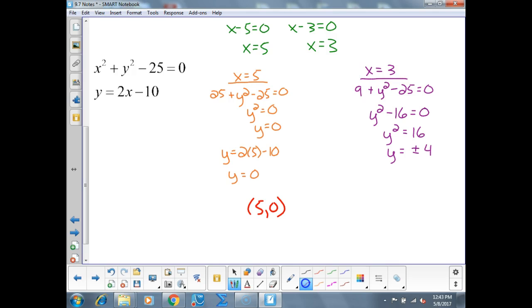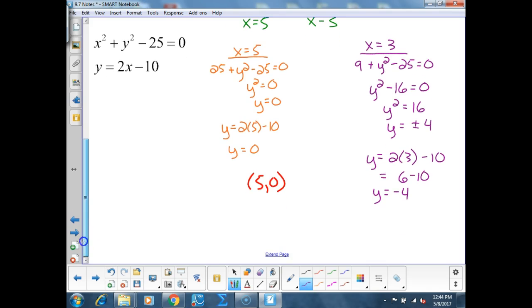In my bottom one, I get y equals 2 times 3 minus 10. 2 times 3 is 6, minus 10 is negative 4. So that gives me the point, negative 4 is a number. 3 comma negative 4 is a point.